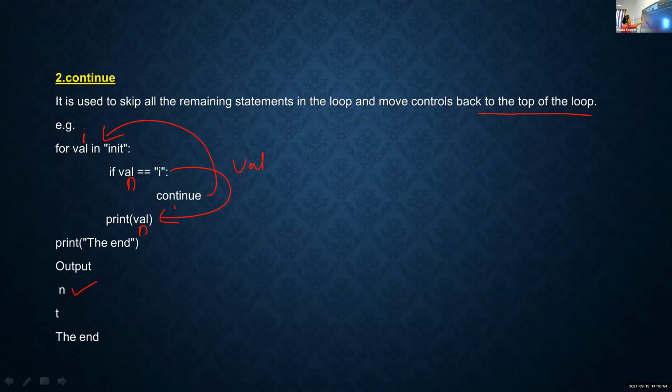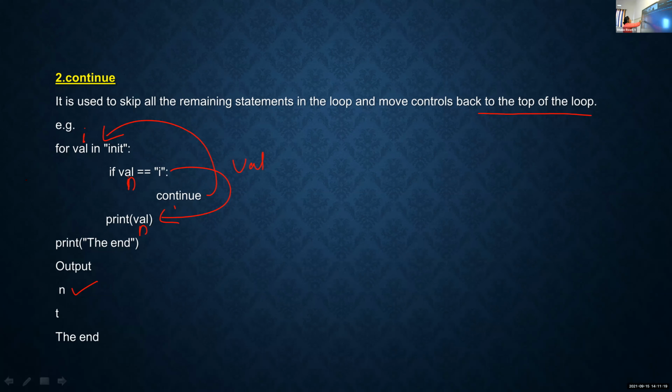If the condition is true, it is the continue statement, so it will go to the for loop. Then it will take the second value, which is n. n equal to i is a false statement, so the control moves to the print statement. Val content is n, so print val will print n.